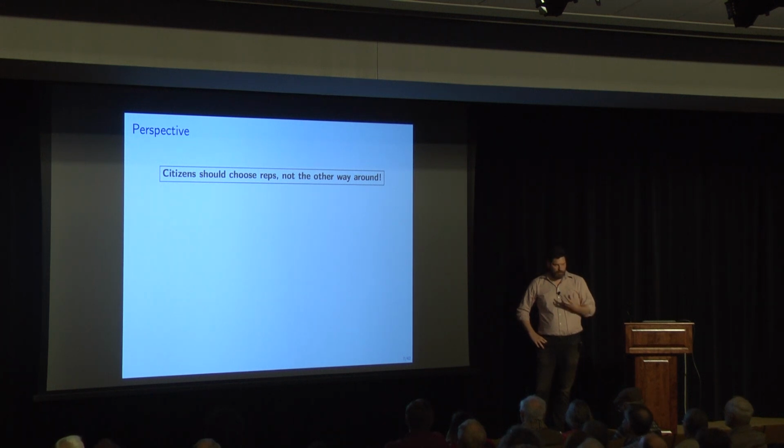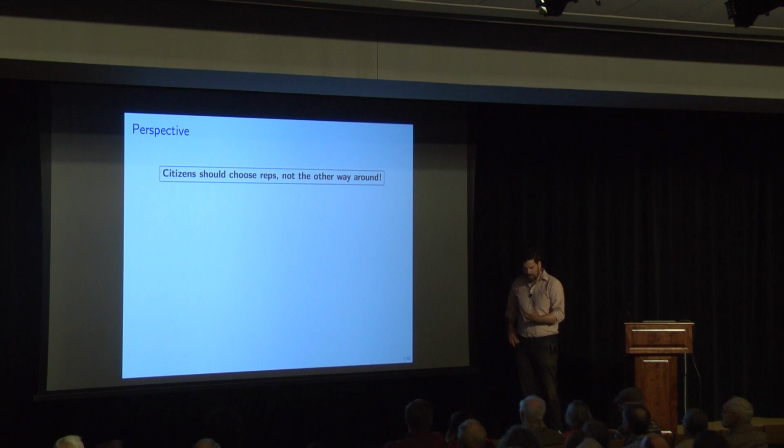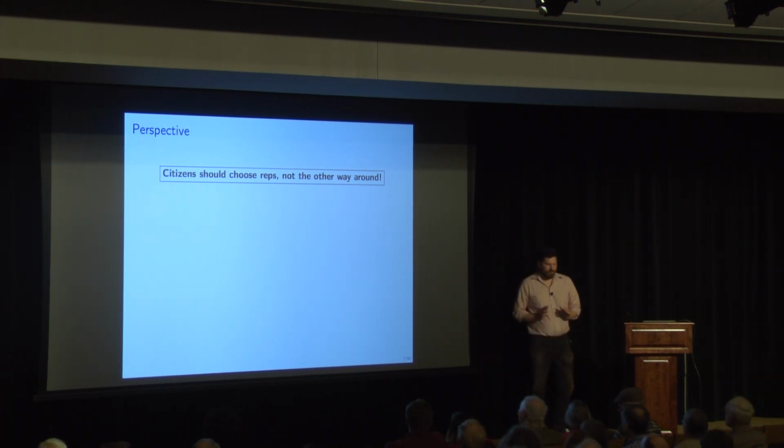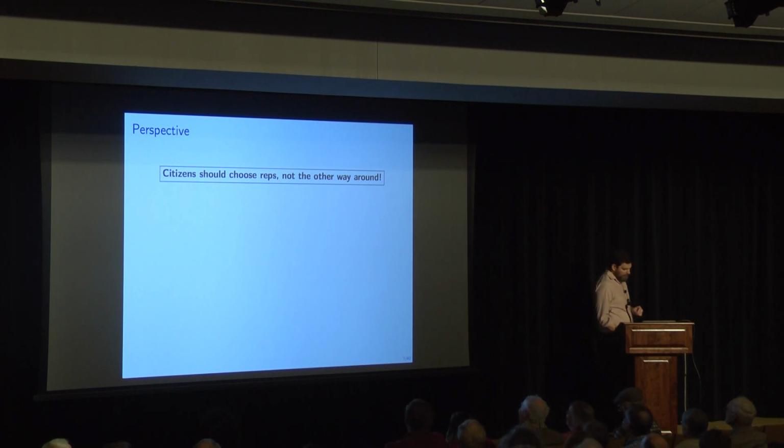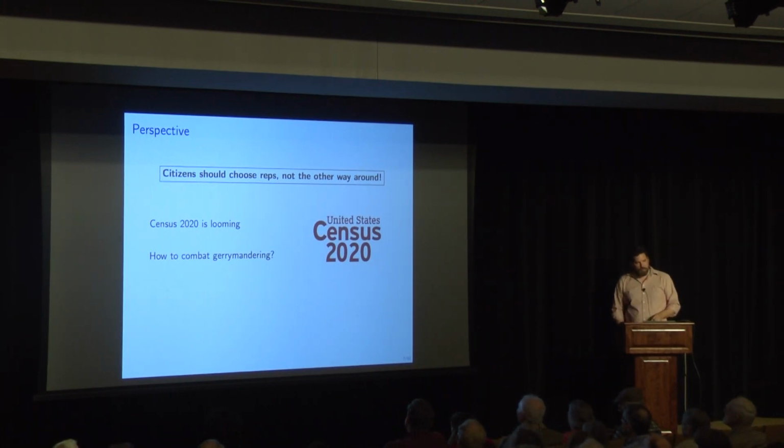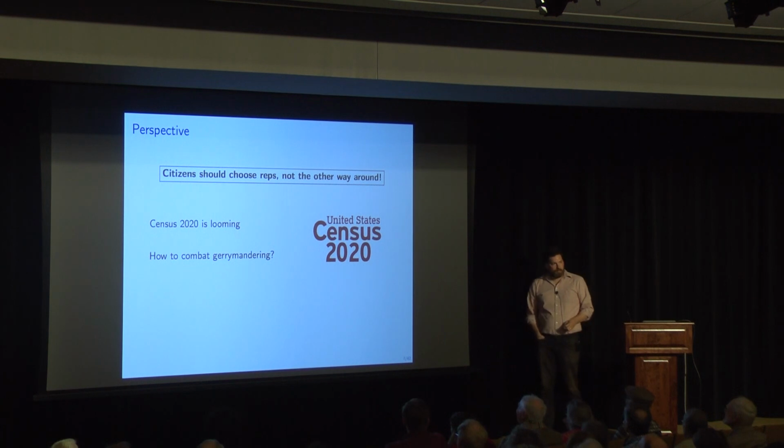So whether you're blue or red, doesn't matter. Don't gerrymander. Okay? And this perspective is important, especially right now. The next census is just around the corner. And we need to be aware of what sorts of tricks are available to do gerrymandering. We need to be able to identify it. We need to be able to prevent it.